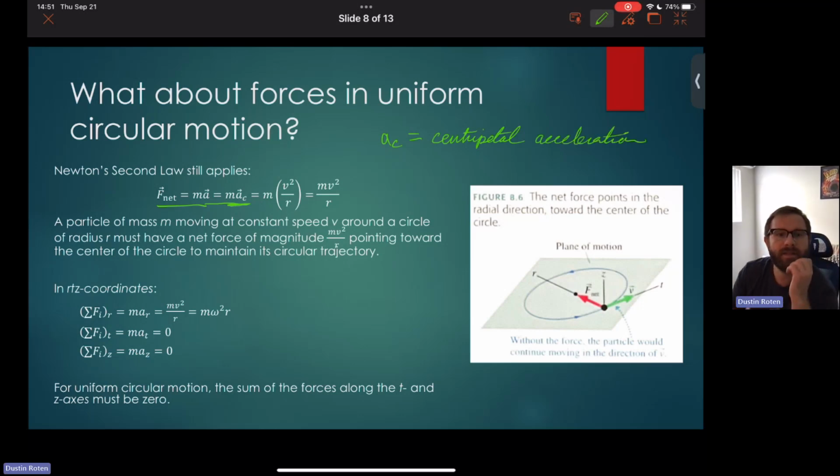All right, so let's see. We've got a particle of mass m moving at constant speed v, right?